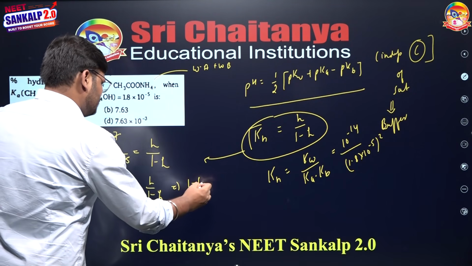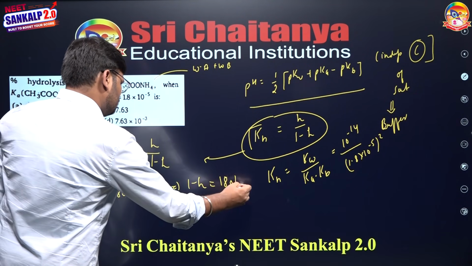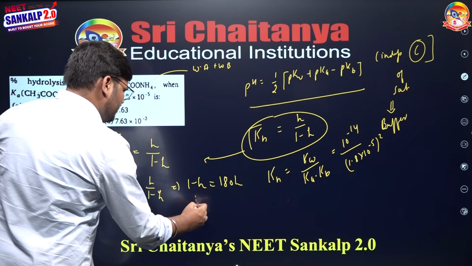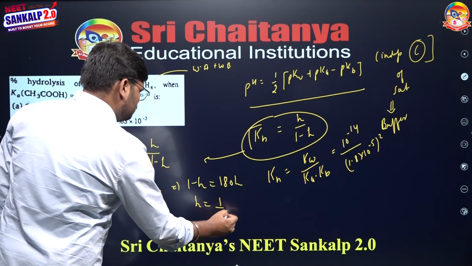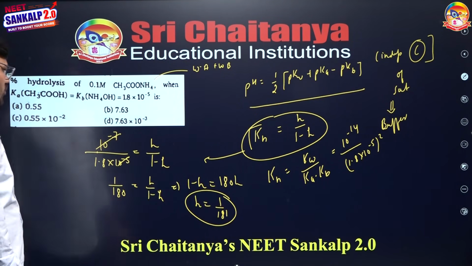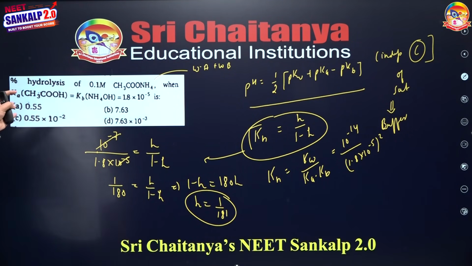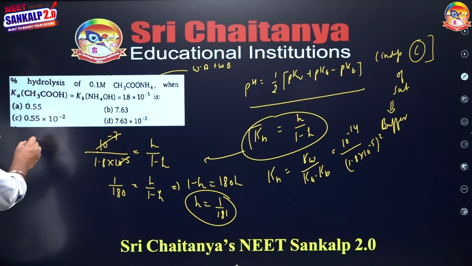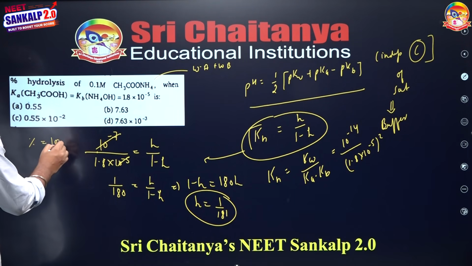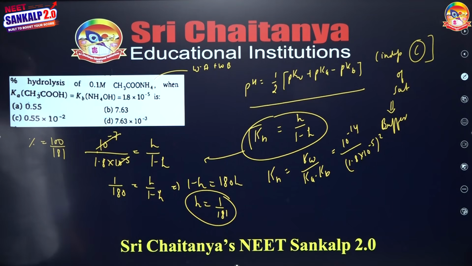So 1 minus h is 180 h, so h will be 1 by 181. Multiply by 100 to calculate the percentage, since they are asking about percentage. So percentage will be 100 by 181, around 0.55. In percentage they are asking.